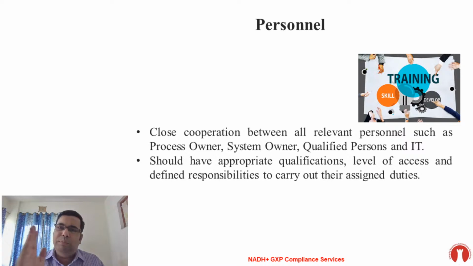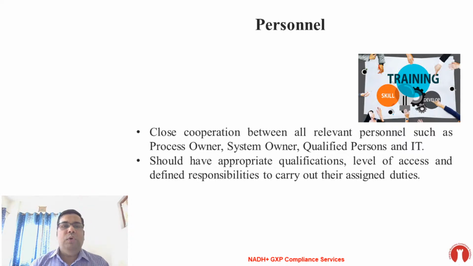Okay, personnel. In EU GMP, there is a very clear requirement that you should have an identified process owner and system owner. Many companies are lacking in this requirement, and many companies got an observation for this, because when the inspector comes to the facility, they will ask, this is a computerized system, okay, very good, who is the process owner for this computerized system?